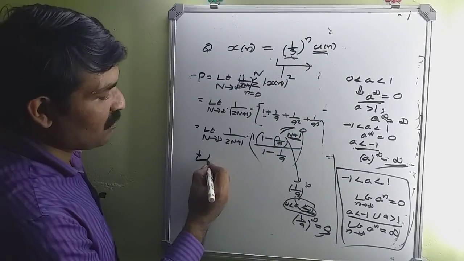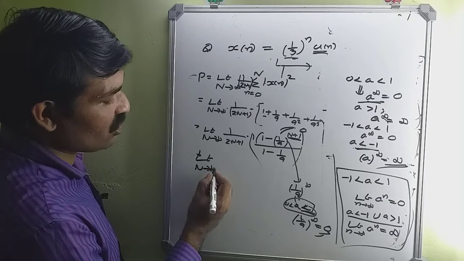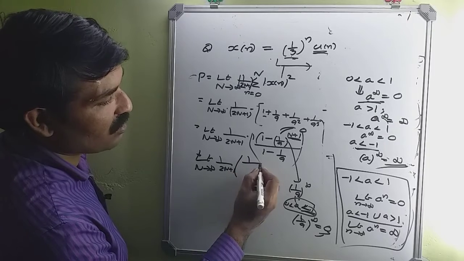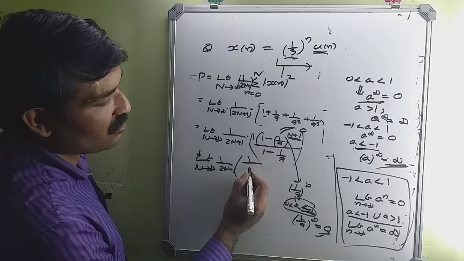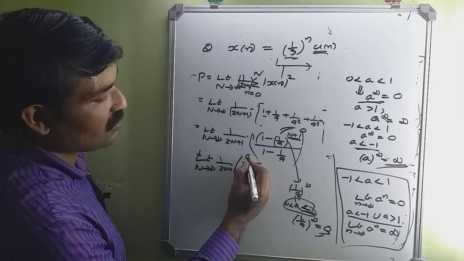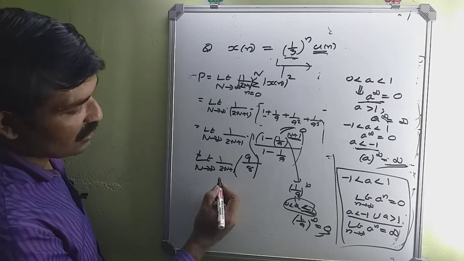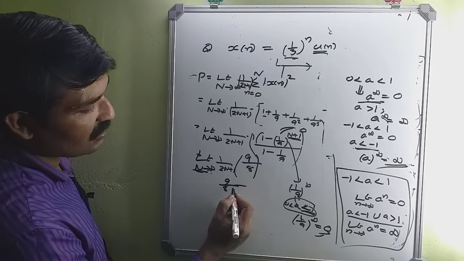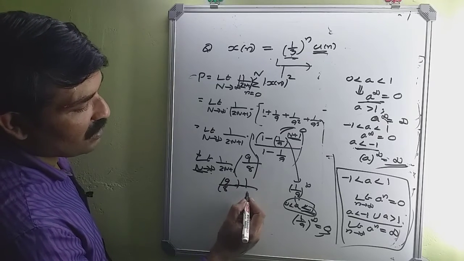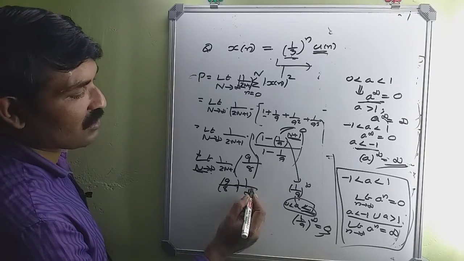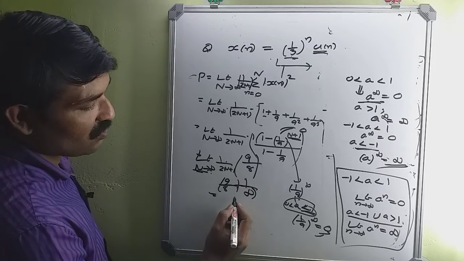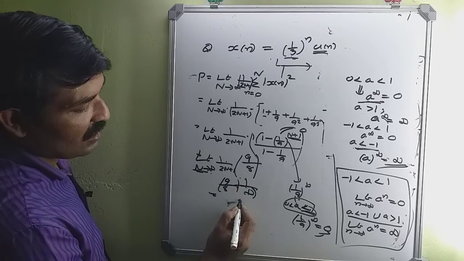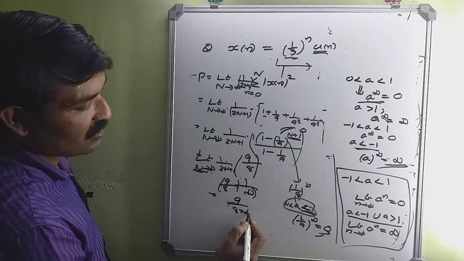So we get limit n tends to infinity 1 by 2n plus 1 into 1 divided by 1 minus 1 by 9, that is equal to 1 divided by 8 by 9, that is equal to 9 by 8. So by applying the limit, this becomes 9 by 8 divided by 2 into infinity plus 1, that is equal to infinity, that is 9 divided by 8 into infinity.